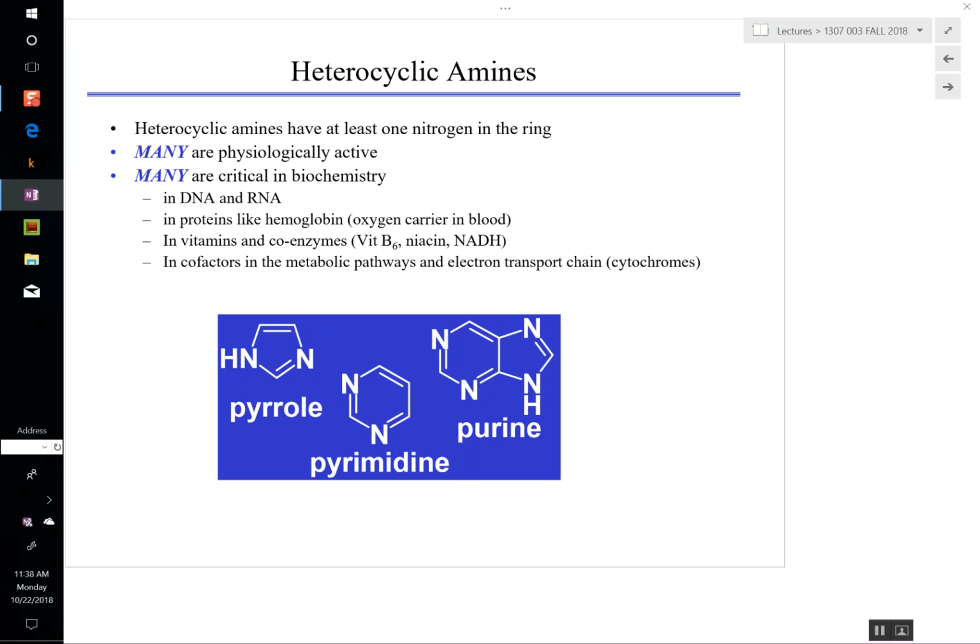If we talk about a heterocyclic amine, the pyrimidine ring, the purine ring, heterocyclic, carbons and nitrogen. Carbon and nitrogen in the same ring. So 2 different atoms, 2 different elements in the same ring, and this is aromatic. Pyrimidine, purine.